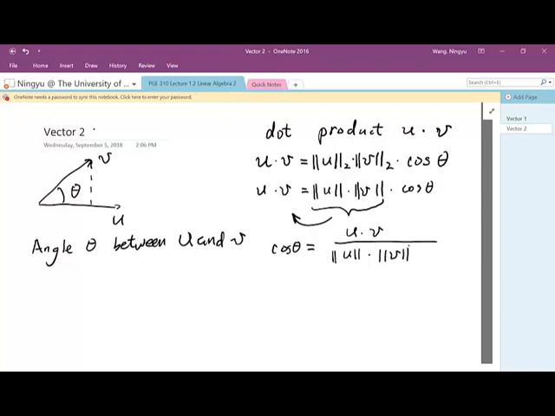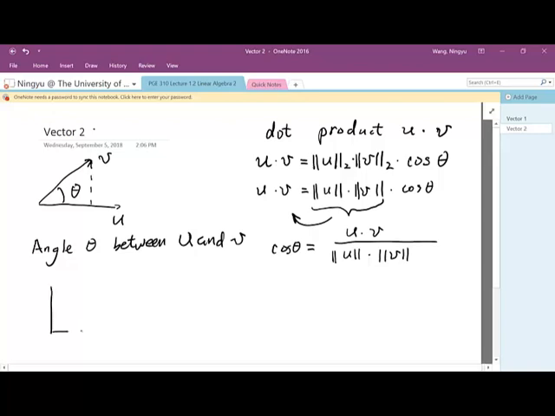Very good question. From here, let me ask you one question. What will happen if u and v are perpendicular to each other? What is the angle between them? 90 degrees.